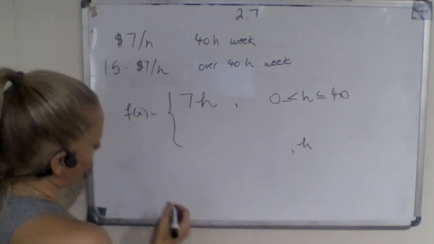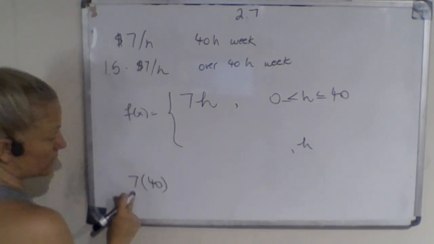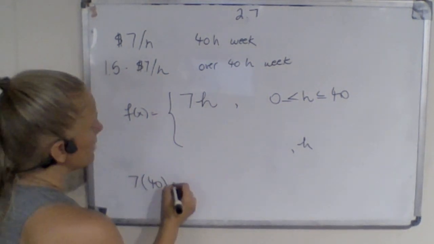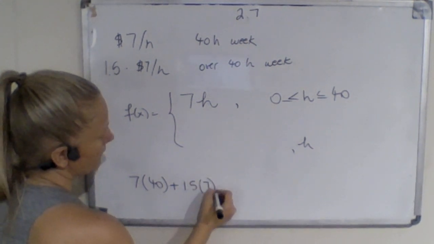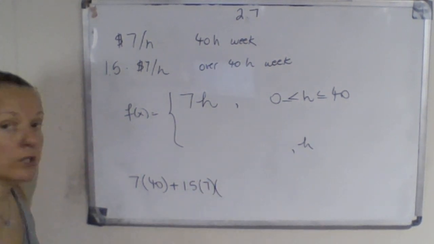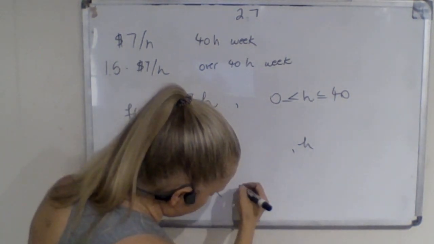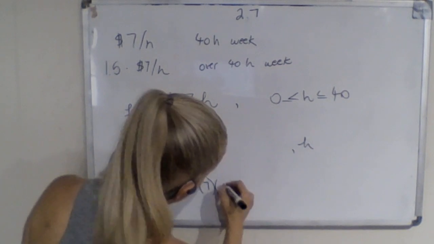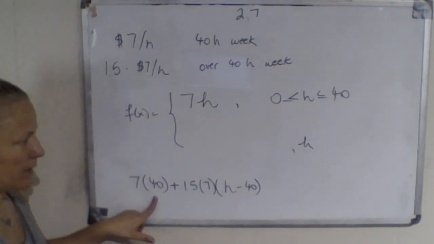Well, in order to be paid overtime, you first would have to work 40 hours at $7 per hour, and then you're going to be paid 1.5 times that 7 times the hours you worked over the 40. So in this case, we're going to have how many hours you worked minus the 40 that you were paid for right here.